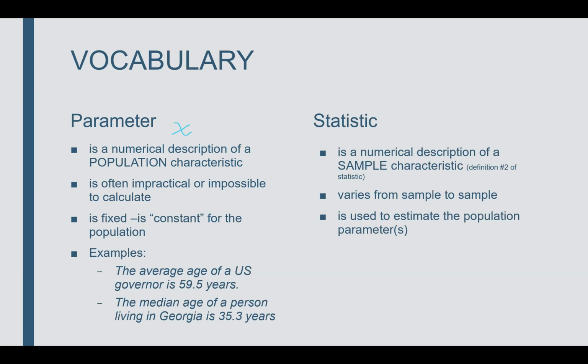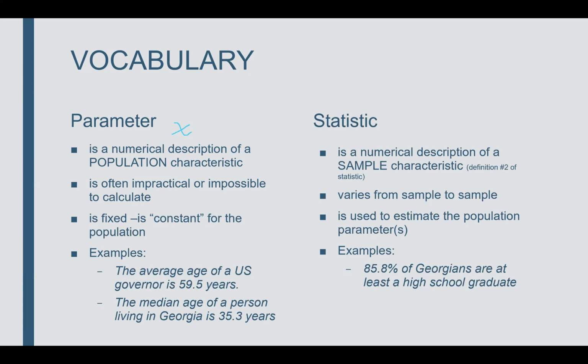We actually use what we learn about the sample, that small group, and we use it to estimate, to infer what that value would be for the population. Okay, so that's where there's a connection between descriptive and inferential, and I'll show you that in just a minute. Let me give you these examples, then I want to go back to my picture.